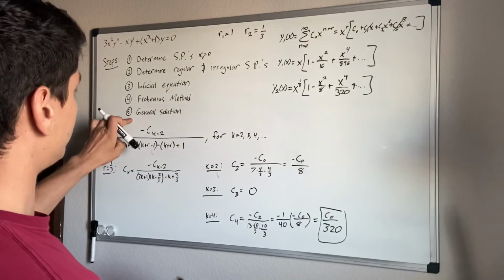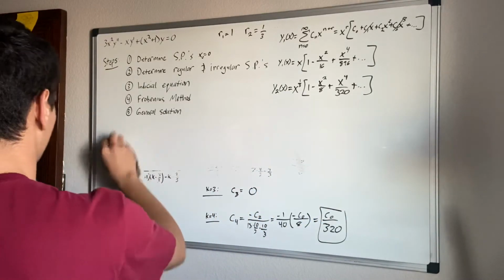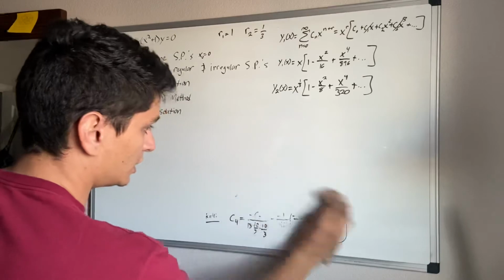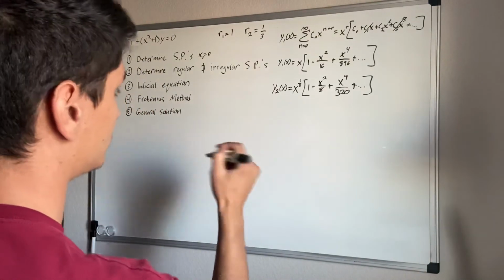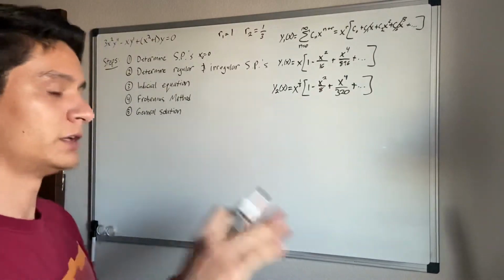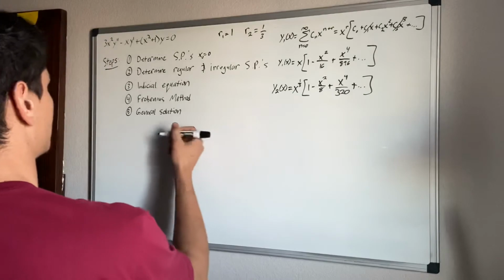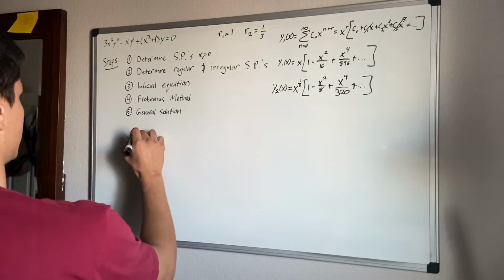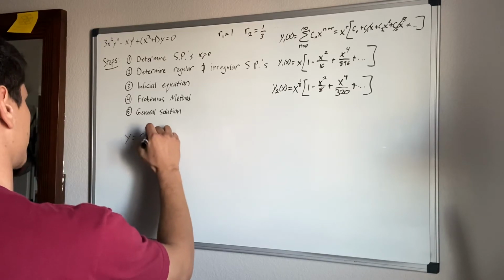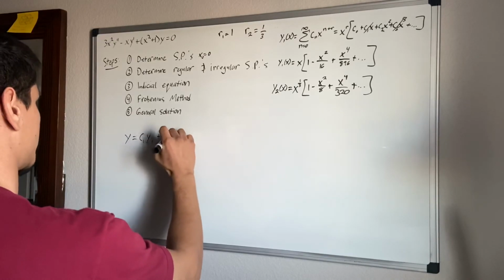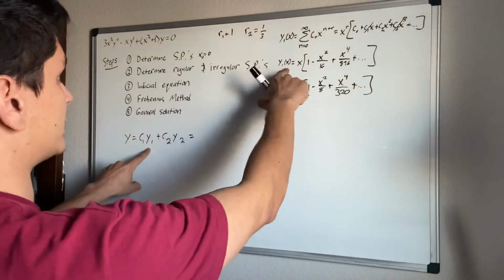So now the fifth step is to put together the general solution. The general solution is the linear combination, the superposition, of two linearly independent solutions. You remember that from a couple of chapters ago. Y equals C sub 1 y1 plus C sub 2 y2. Well, y1 is this.